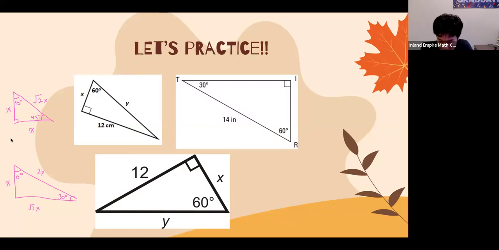The goal is to use the information that we have right now. For this first triangle, this side is 12 centimeters. Using that relationship, can we find x and y? We're going to give you a minute and then check back up.